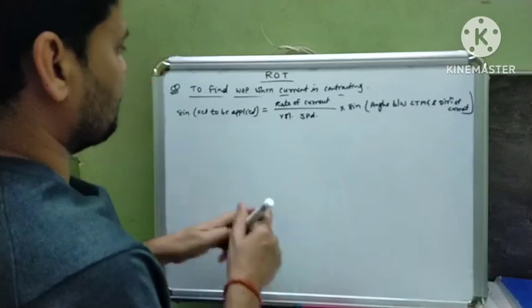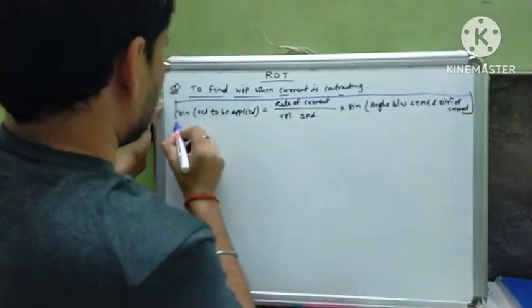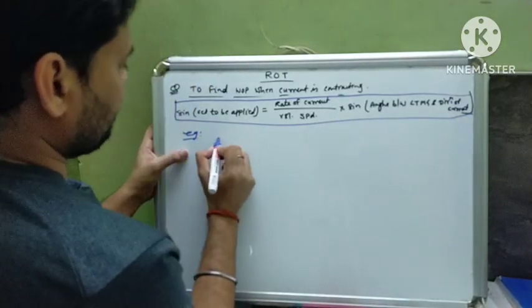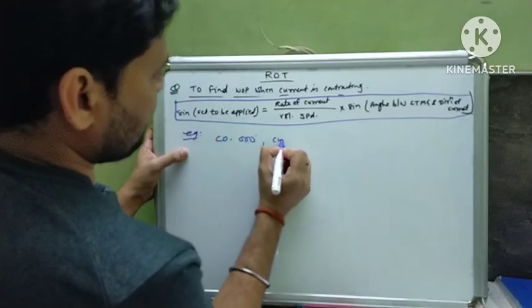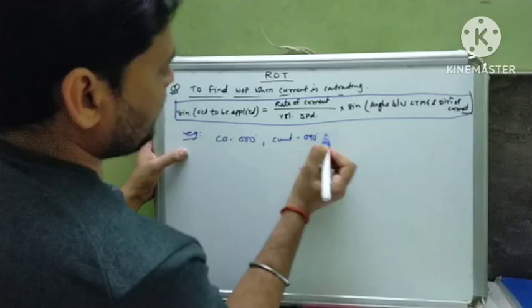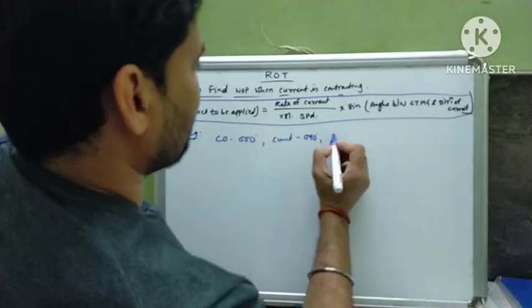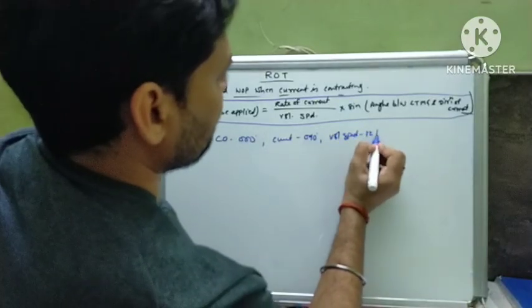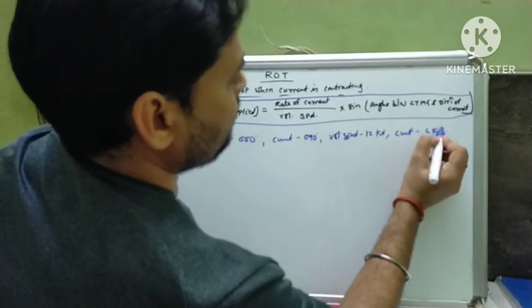Like for example, suppose this is your formula. Suppose the course is 000 degree, the current is 090 degree, and the vessel speed is 12 knot, current is 4 knot.